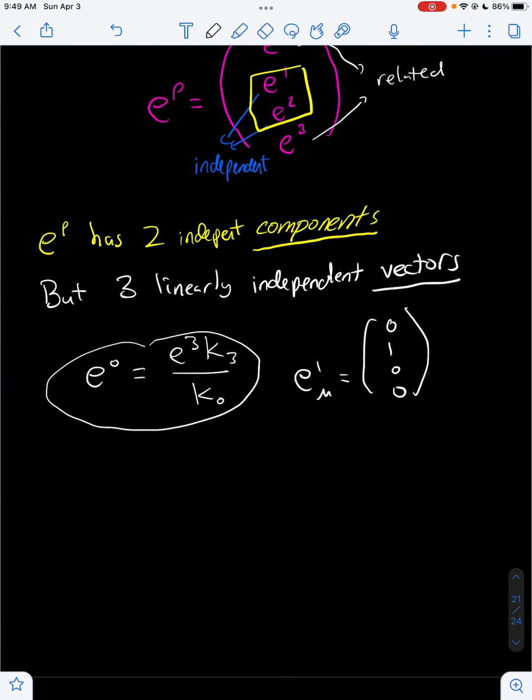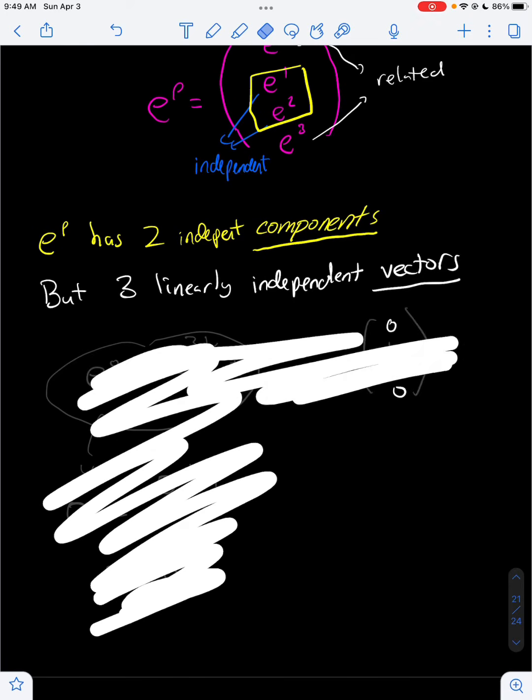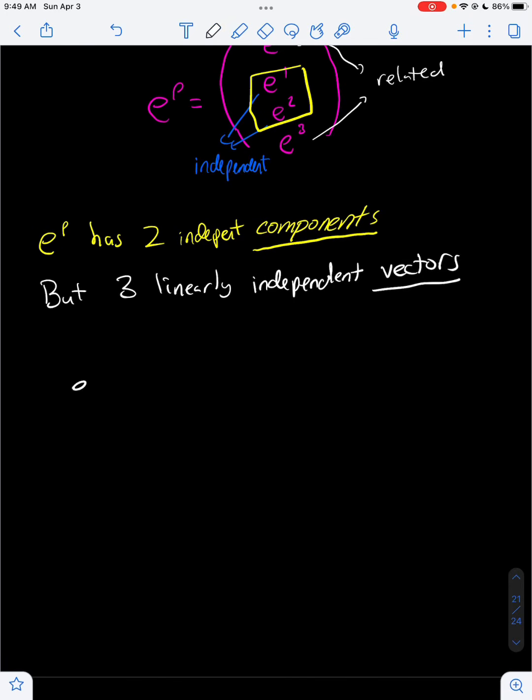So our condition now just becomes E0, which is 0, equals E3, which is still 0, times K3 over K0, and 0 does indeed equal 0. So this does work as a vector. What about E2 mu?